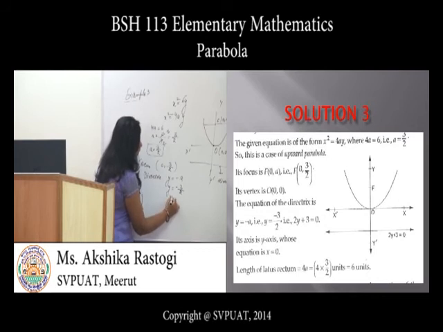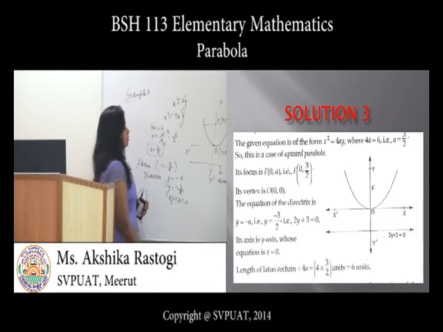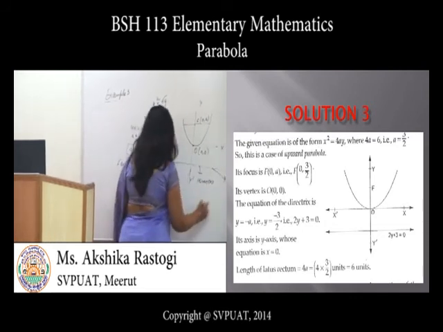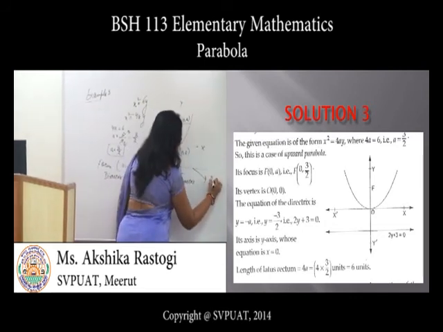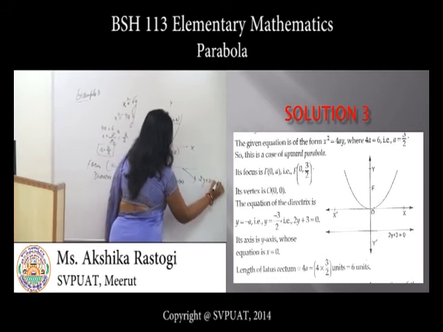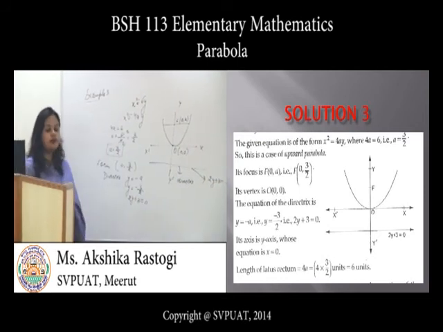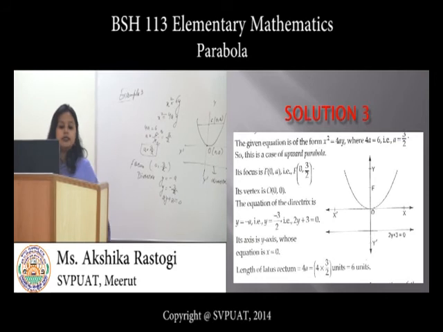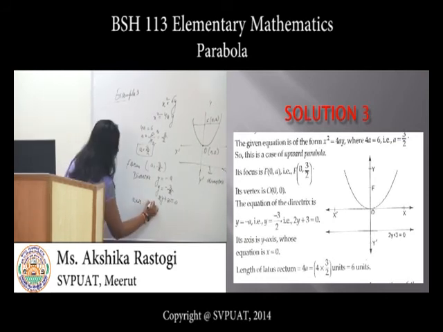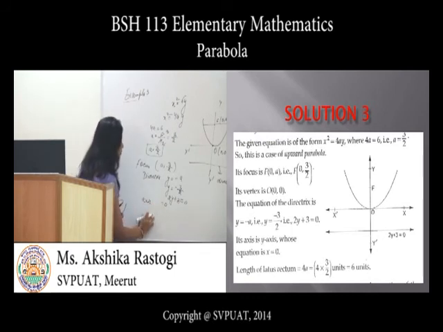That will be 2y plus 3 equals 0. So the equation of the directrix will be 2y plus 3 equals 0. Its axis is the y-axis, so the equation will be x equals 0.